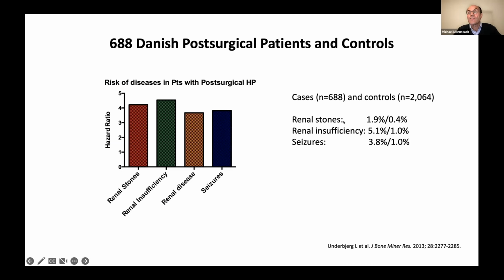And so kidney stones, 1.9% of the cases, meaning hypopara patients, develop kidney stones, compared to 0.4% of the controls. Renal insufficiency, 5.1% versus 1%, and seizures, 3.8 versus 1%. Here you see why they say 4 times higher. Well, it's about 4 times higher here, right? And here you see the percentage.